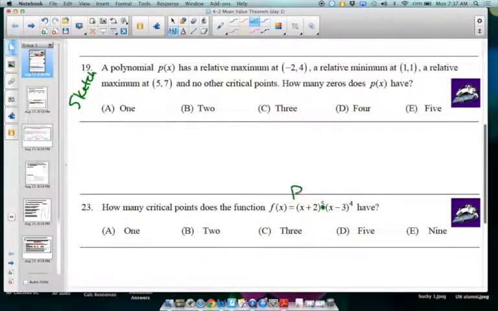So it's a product rule. Okay, so 2 minutes, go. With your tables. So sketch and product rule.